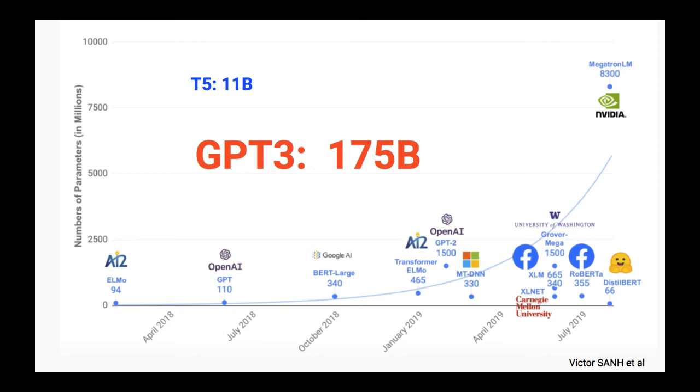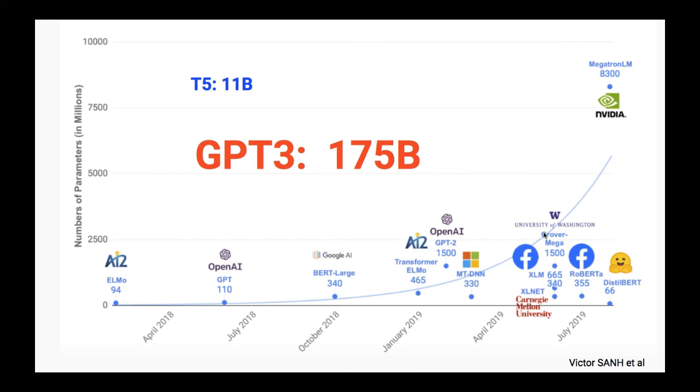So that's why I personally think GPT-3 is quite different from T5 and the other previous language models, which I will explain in the next video, because the generalization of GPT-3 is in a different category than these previous language models.